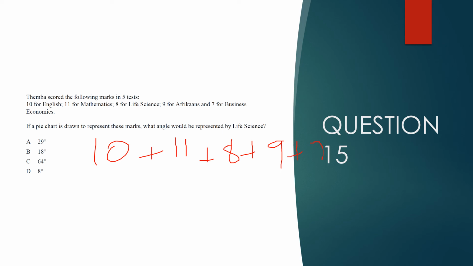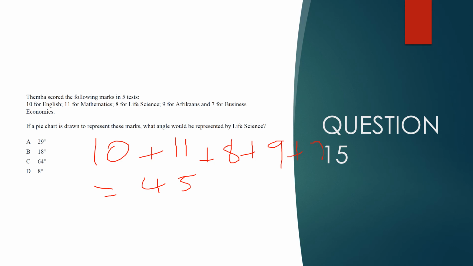We want to find out, all in all, what was his mark when we add all the test marks. We are having 45. They want us to take life science into degrees.